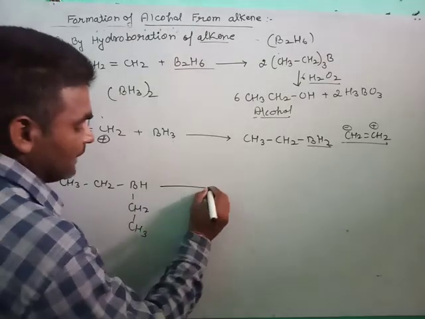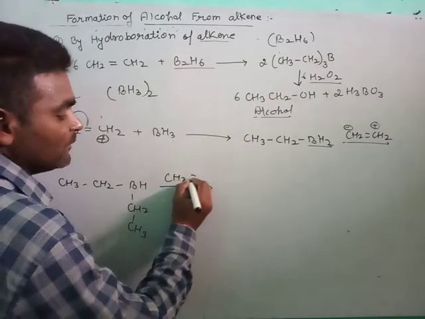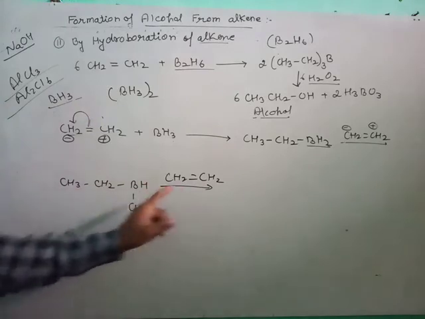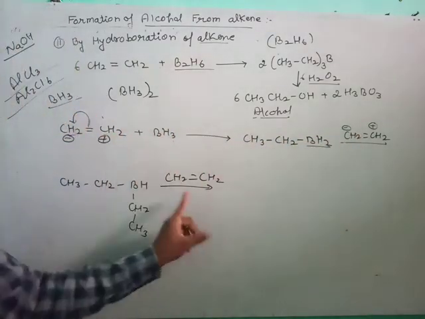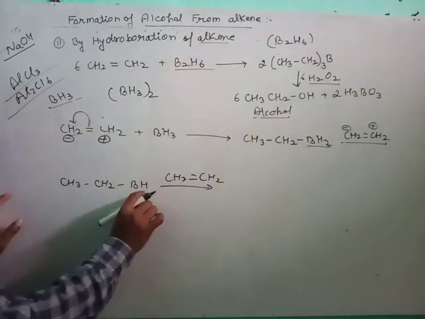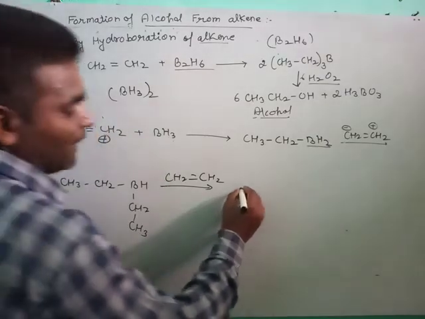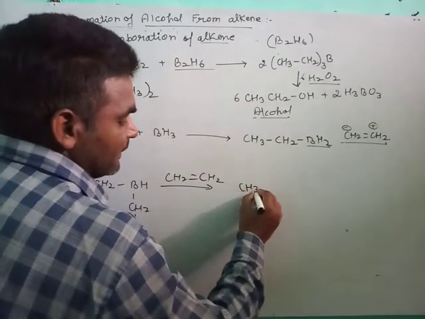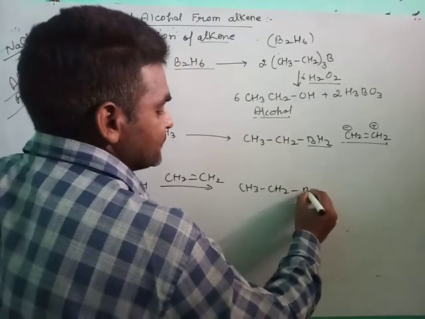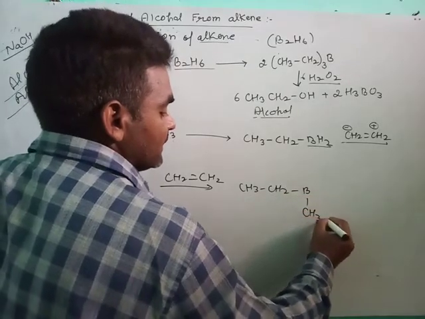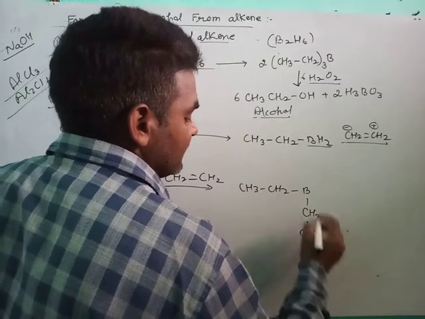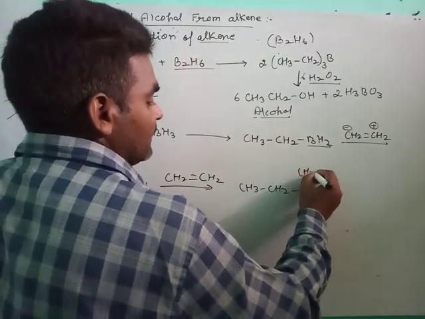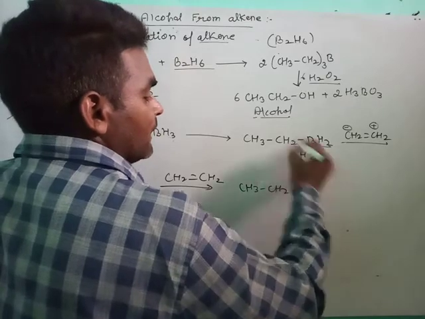And in the third step, the third molecule of CH2 double bond CH2 reacts. This hydrogen also comes to CH2 and forms CH3 CH2 B with two CH3 CH2 chains.